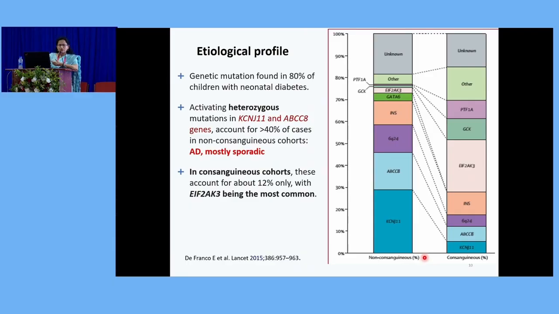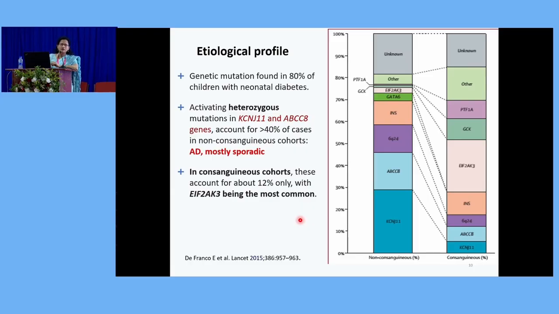So what is the etiological profile? As we all know, there are a lot of unknown genes which we don't have data on yet. So about 20% of patients may not have a genetic etiology identified. But this is data from the Exeter cohort, published almost 10 years back, but it is still relevant because this is worldwide data.